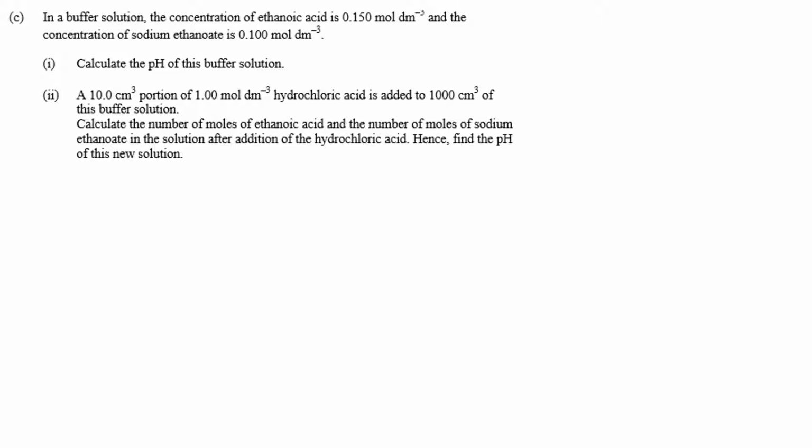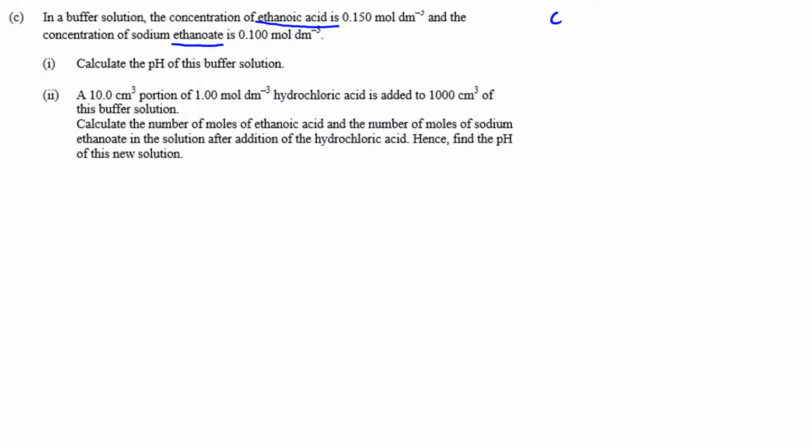What we've got here is a buffer, and as usual in a buffer we have undissociated weak acid and the salt of that acid, the important bit of which is the anion of the salt, the ethanoate ion. So just for completeness, let's put the two molecules up here.